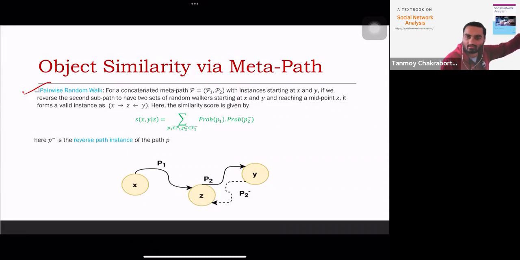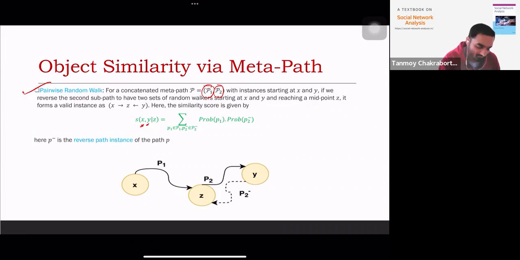So one random walker starts from X, other random walker starts from Y. What's the probability that they would meet at Z, given the condition that the random walker from X can only follow the metapath type P1 and the random walker from Y can only follow metapath of type P2? There can be other metapaths, but we have to first fix the types of metapaths.